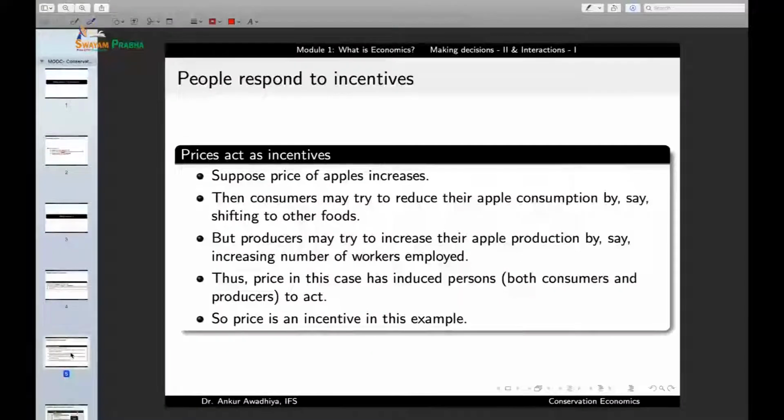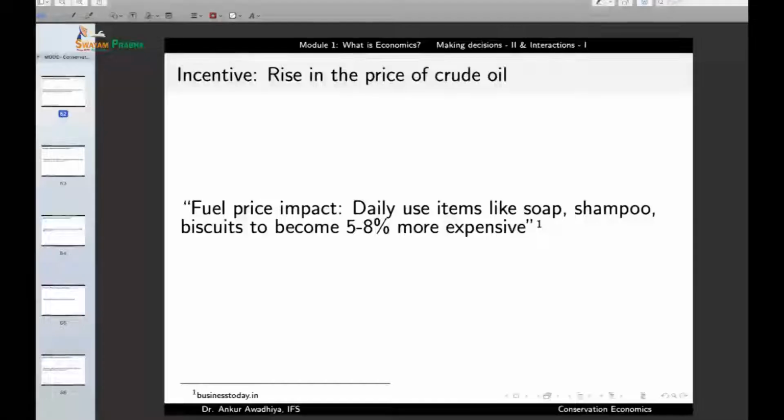So these are the kinds of responses that we are seeing just because the price of apples has gone up. So the price in this case has induced persons, both the consumers and the producers, to act, and so price is an incentive in this example. So what we are saying here is that incentive is something that induces people to act, and prices in the economic system are very good incentives.